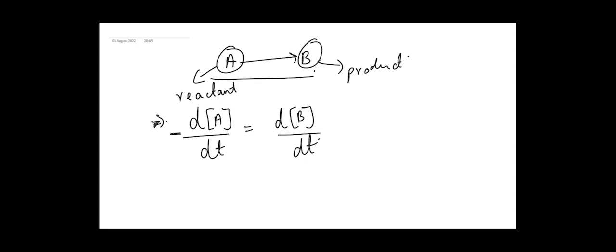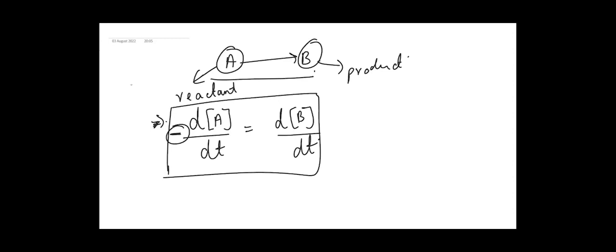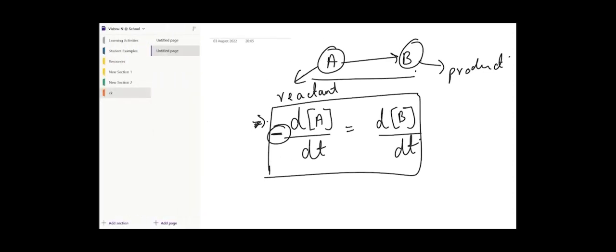Now, why is there a negative sign here? Because the reactant concentration decreases as time proceeds and the product concentration increases as time increases. But the magnitude of both the rates remains the same. This is a simple equation. Now this can be written for complex reactions as well.